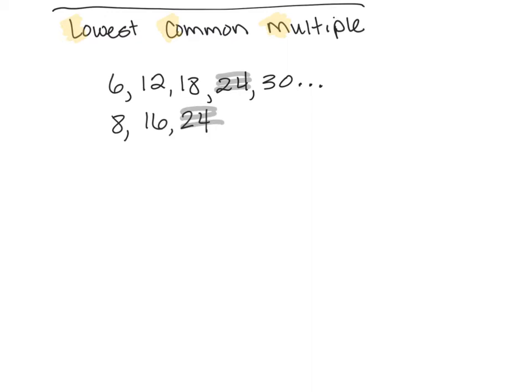So the first way is simply to list the multiples like we just did. If we wanted the LCM of 6 and 8, we counted by 6 to get its multiples, and we counted by 8 to get its multiples, and we found the lowest point at which they meet. So the LCM of 6 and 8 is 24. That's one way you can do it.